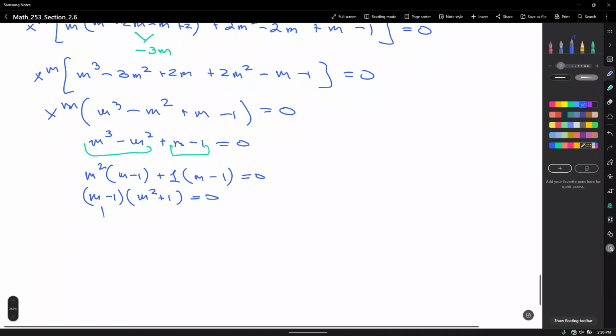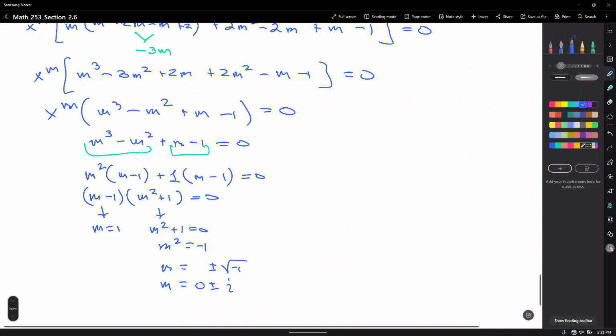So from here, we get that m equals 1 or m squared plus 1 equals 0. M squared equals negative 1, and m equals plus or minus the square root of negative 1, which is plus or minus i. Essentially 0 plus or minus i.